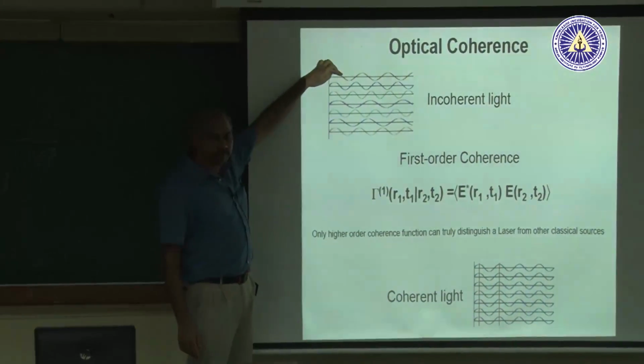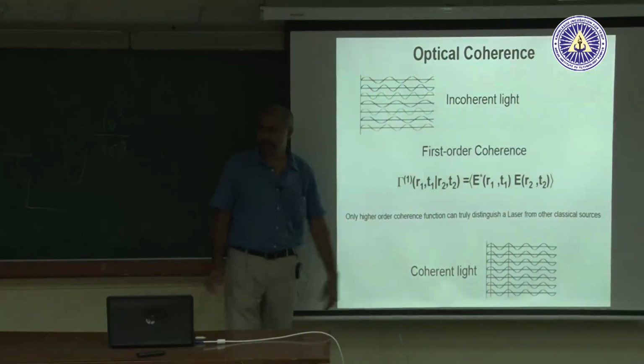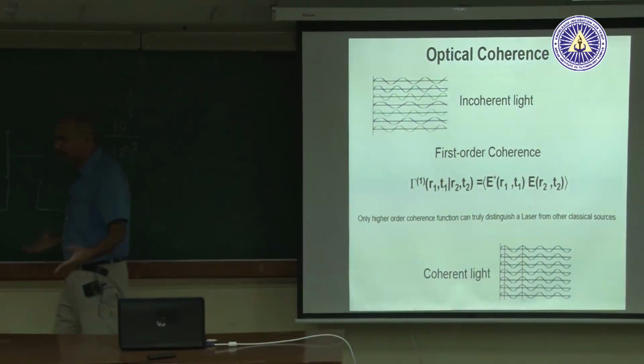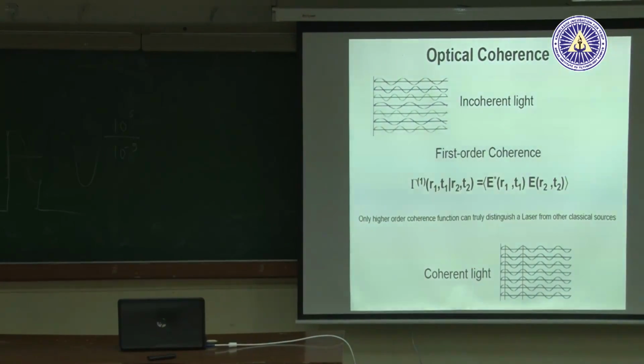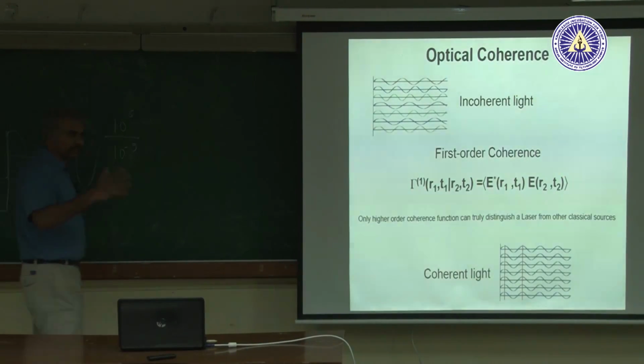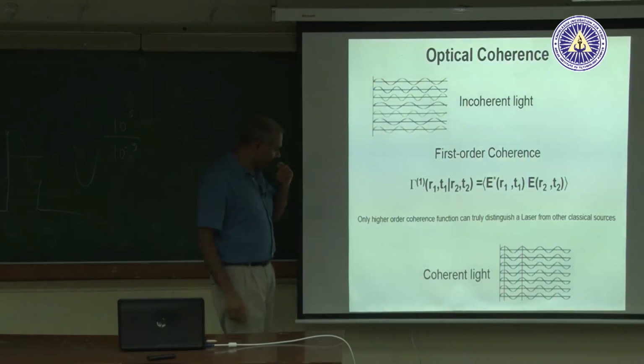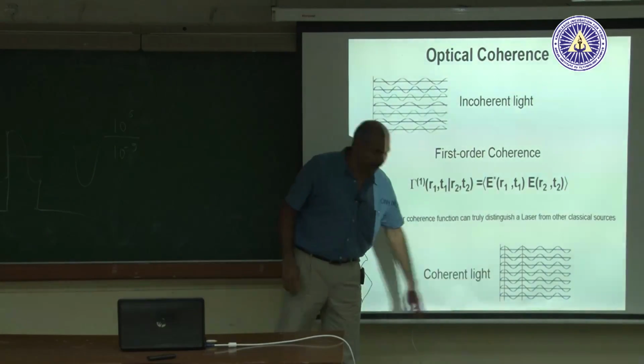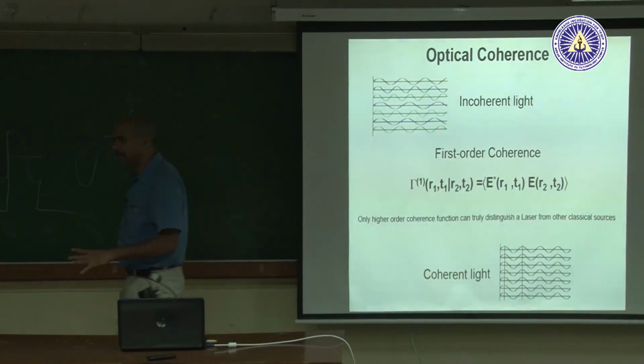If I am sitting at one point, I cannot predict what the phase will be at another point. That's incoherent light. I have no idea. There's no correlation between one spot and another space or time separated spot. Whereas with coherent light, if I am at one point, I can precisely predict what is going to be the light phase, amplitude and all that at another point.